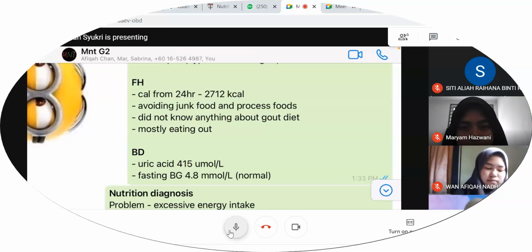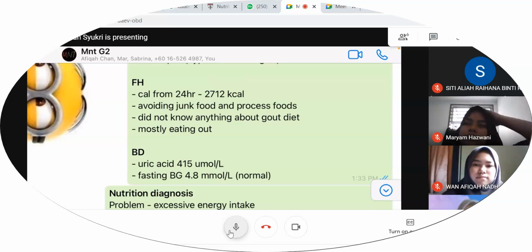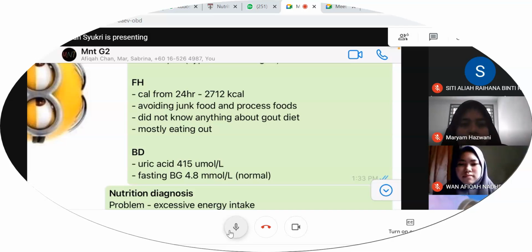From his biochemical data, his uric acid is 415, which is in the danger category. His fasting blood glucose is 4.8.